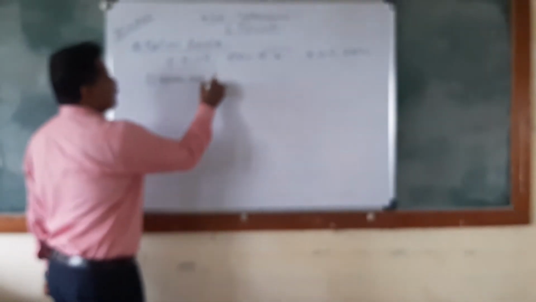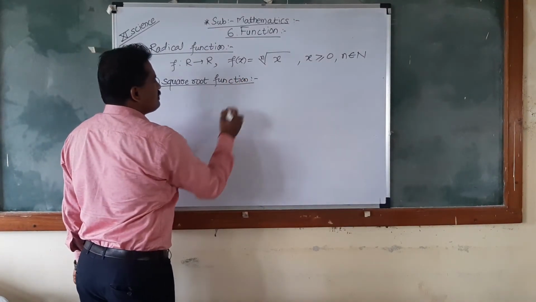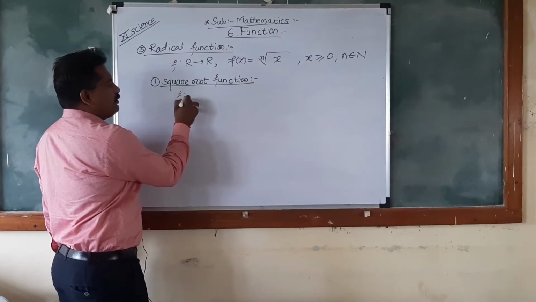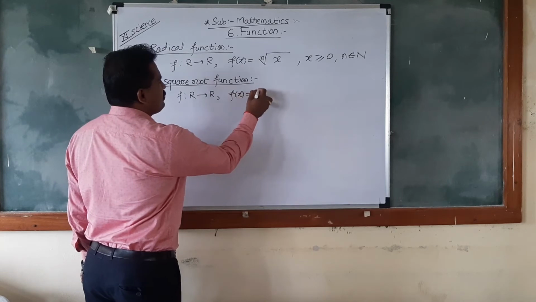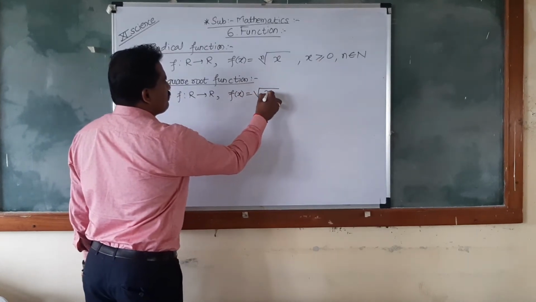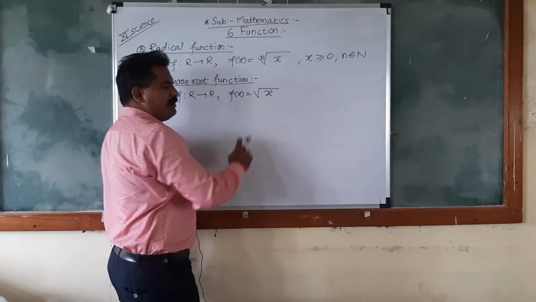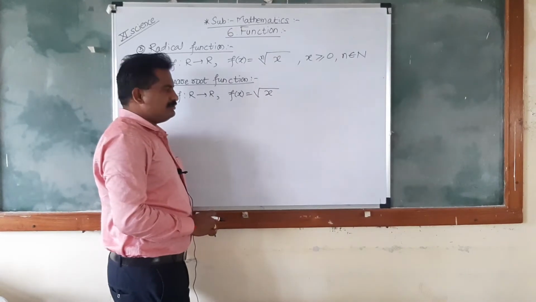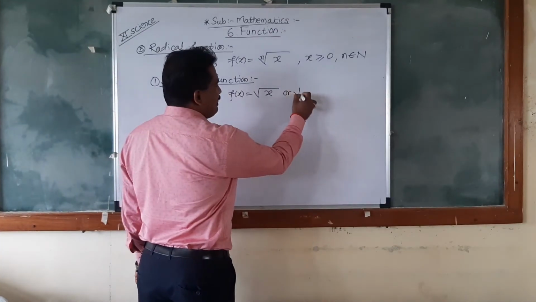According to this radical function, we take subtypes. First is the square root function, in which f goes from R to R and f of x is equal to square root of x. If there is no mention of the root, it should be a square root.